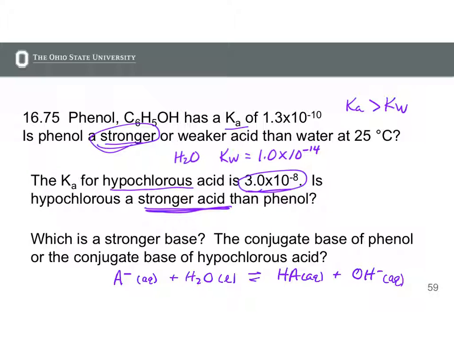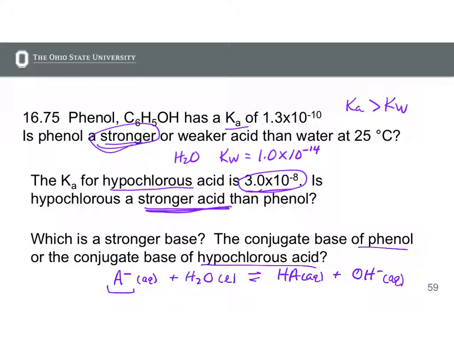So we want to know which of these conjugates, the conjugate base of phenol or the conjugate base of hypochlorous acid, is going to produce products the most in this equilibrium.